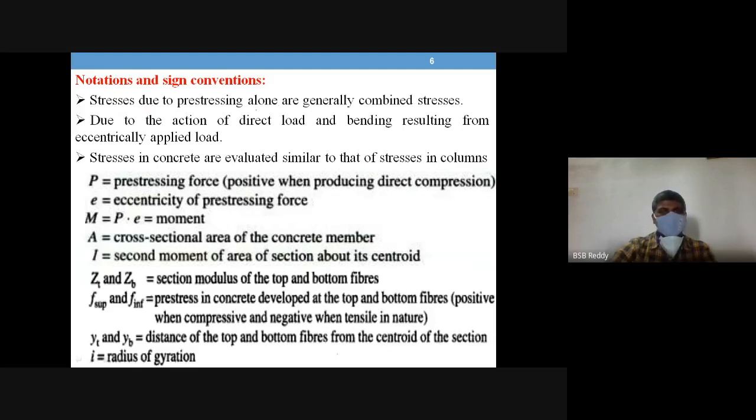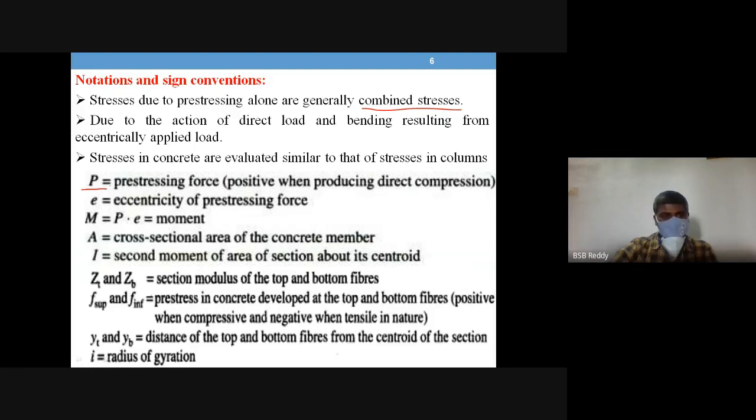Stresses due to pre-stressing alone are generally combined stresses, just like your columns where we have both axial and bending. In the same manner, we will analyze the pre-stressed concrete members also.